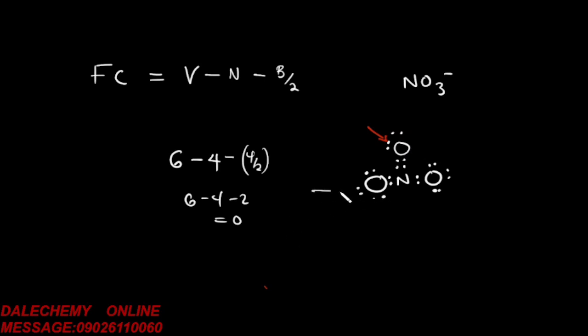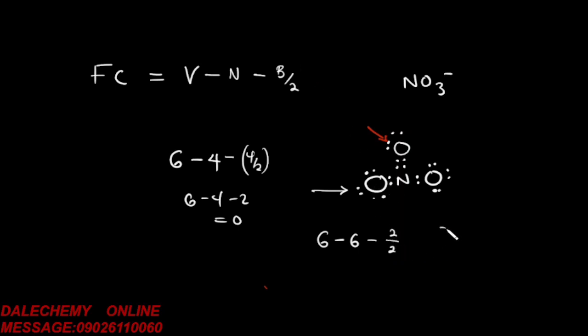Now let's calculate for this second oxygen here. The total valence electrons of oxygen will be 6, minus the number of non-bonding electrons. The number of non-bonding electrons is a total of 6. It has 1, 2, 3, 4, 5, 6. That's the non-bonding, and minus half of the bonding electrons. The number of bonding electrons it has is just 2.